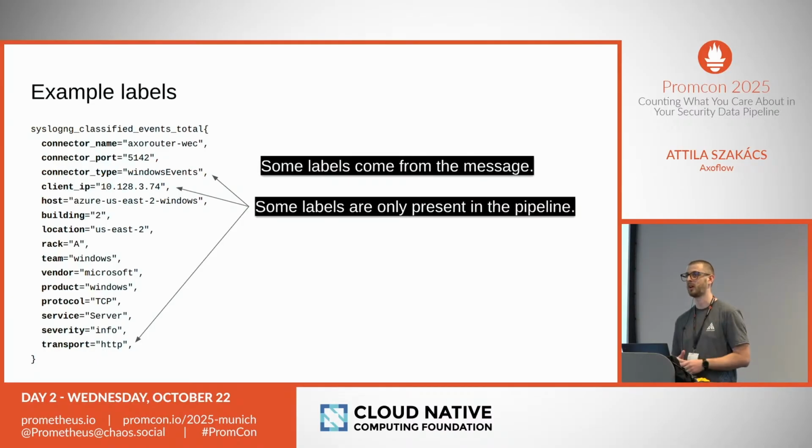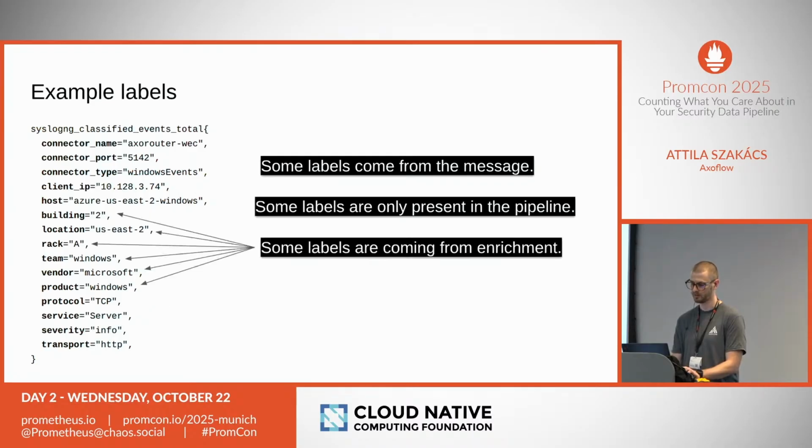So the connector type, like we are collecting Windows events with the VAC connector on that port, is only available in the pipeline. The client IP itself, so the host we are communicating with, is meta information, and that we are using the HTTP transport is also meta information, which can be useful for some use cases.